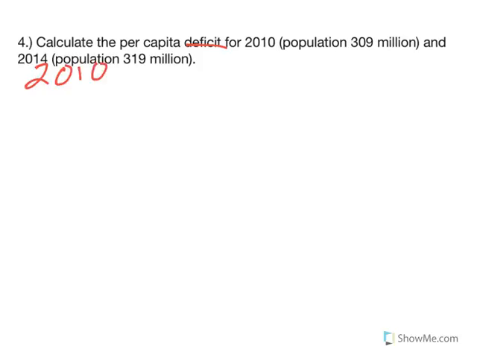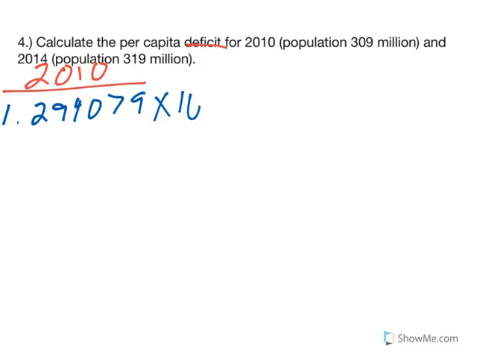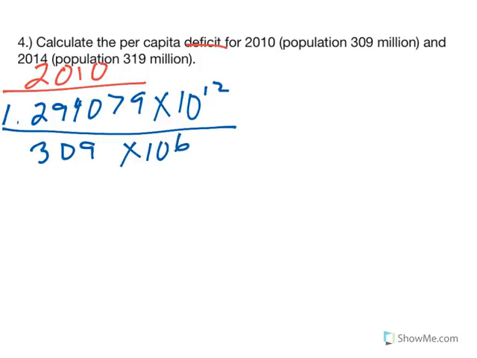So here's 2010, and after you subtract, you get a deficit of 1.294079 times 10 to the 12th. And we've got to put that over the population, which is 309 million, and million is times 10 to the 6th.